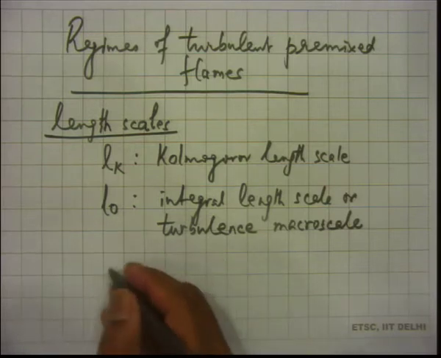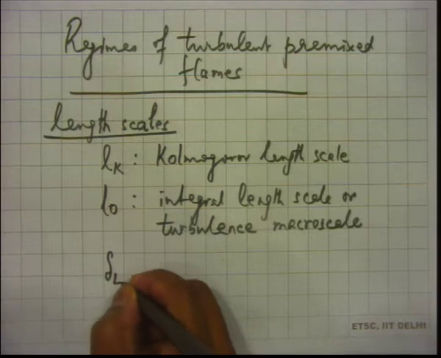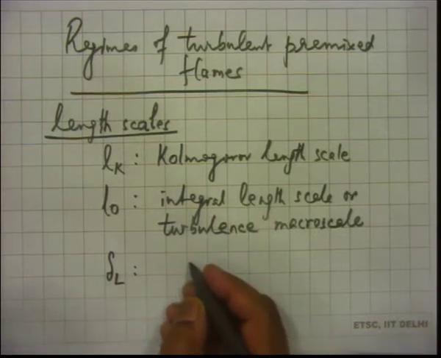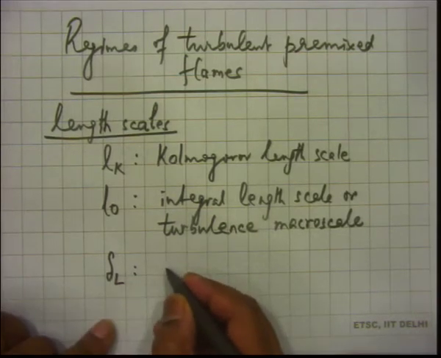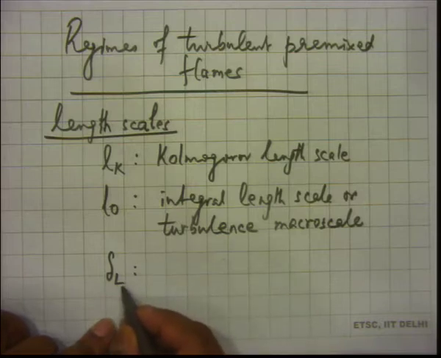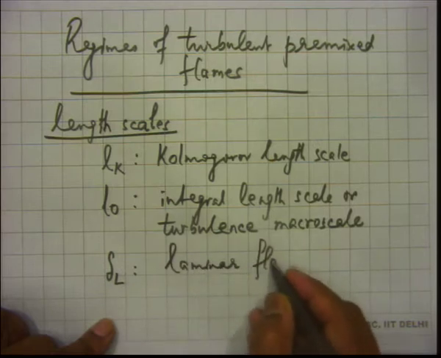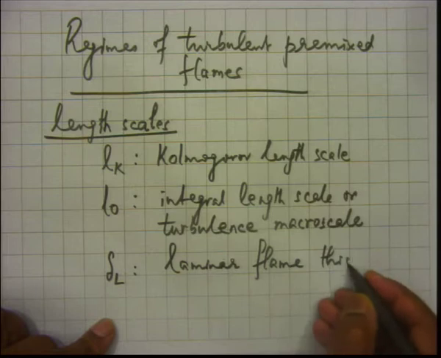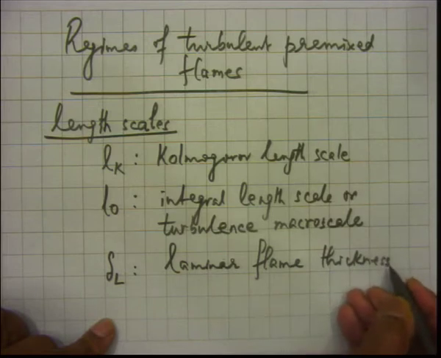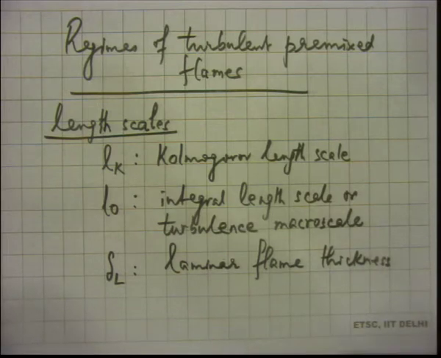The other length scale which will be important for us is delta L, which is the flame thickness, but you might have guessed because I am writing delta with subscript L here. So, this is the laminar flame thickness. We do not know that much about Lk and L0. We do not know how to calculate them; we have not discussed them in this course, though in some other course you may have seen that.